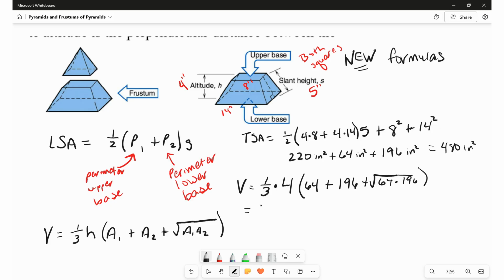So that gives you 1/3 times 4 times 64 and 196, which is 260, plus the square root of 64 times 196, the square root of 12,544.